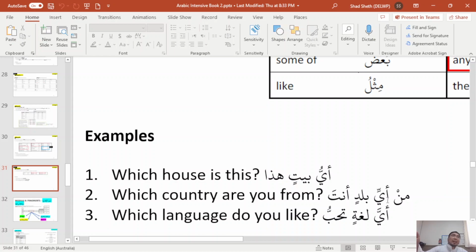That's why it becomes ayyi instead of ayu. The default form is ayu, but now it got changed to majrur because of the huruful jar. And baladin because of mudaf ilayh. Anything to do with the word after ayu will be majrur.